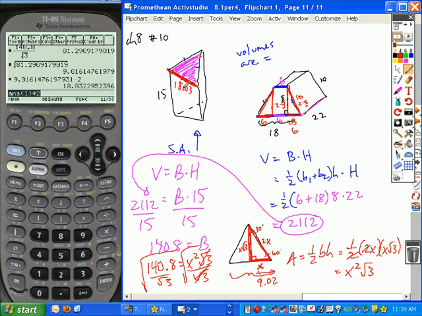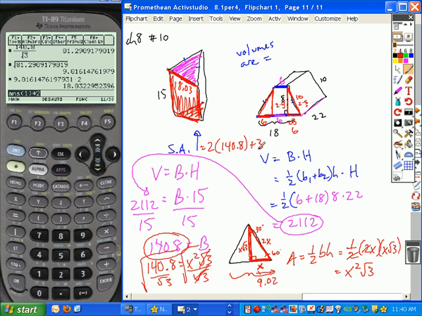And so now we can solve for the surface area, right? The total surface area is 140.8 for the top, 140.8 for the bottom. So we're going to take 2 times 140.8. And then we have how many of these rectangular faces here? Since it's an equilateral triangle, all 3 of those faces are exactly the same.